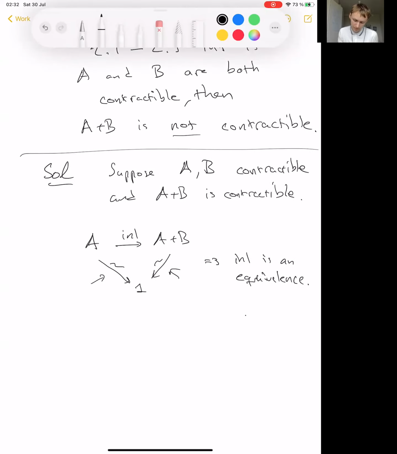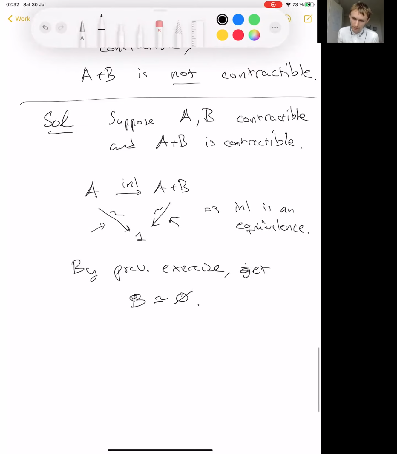So by the previous exercise, we get that B is equivalent to the empty type.